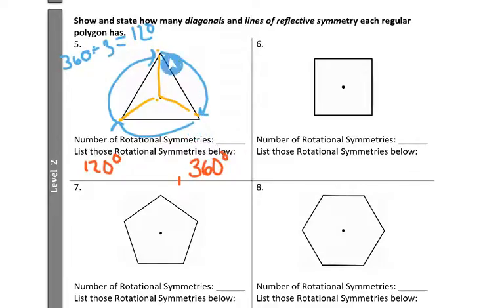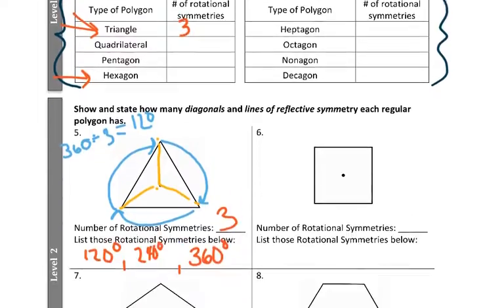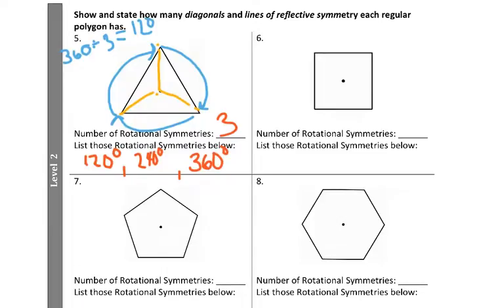But I could have rotated it 120 degrees 2 times to end up over here. So 120 plus 120 is 240. And if I did 120 plus 120 plus 120, that gives me 360 degrees. So a triangle has 3 rotational symmetries, and I can write that right here. That's kind of cool.